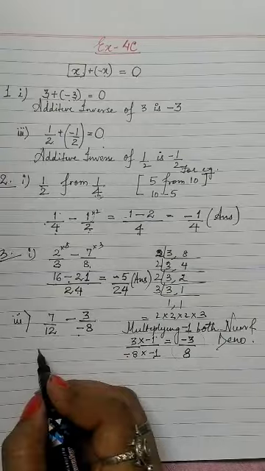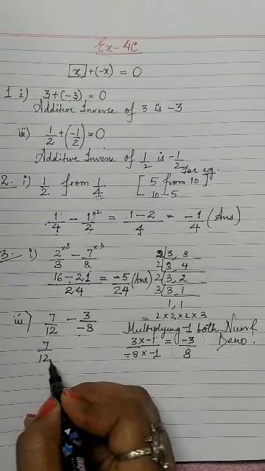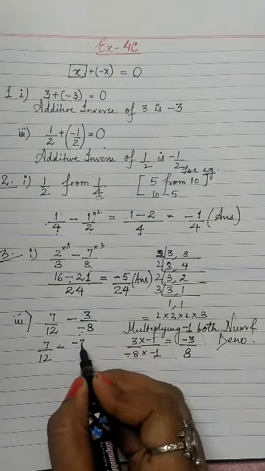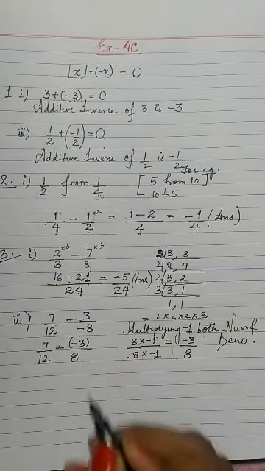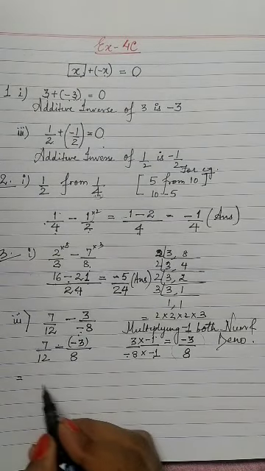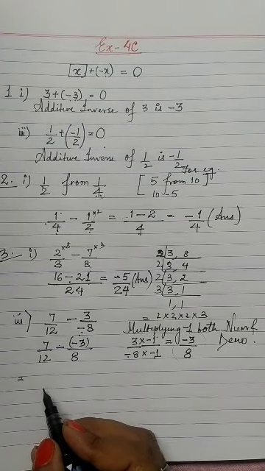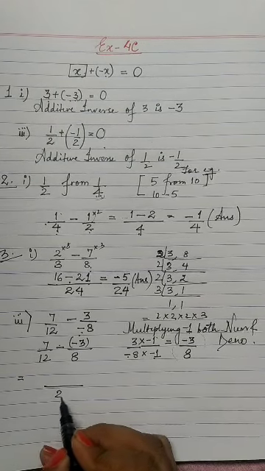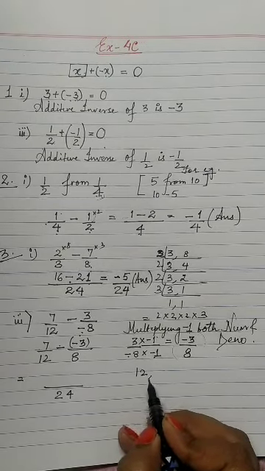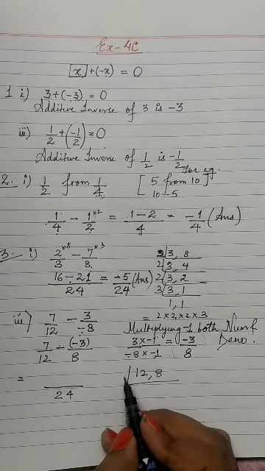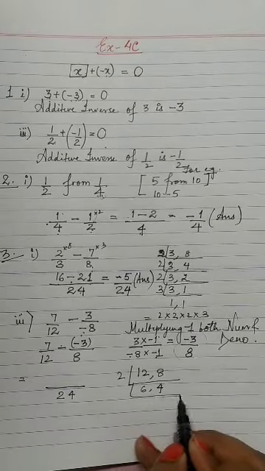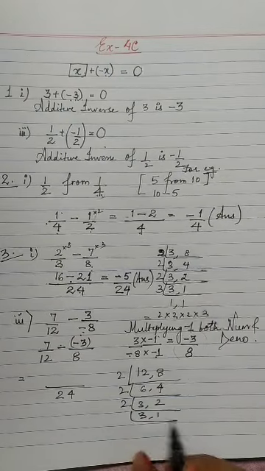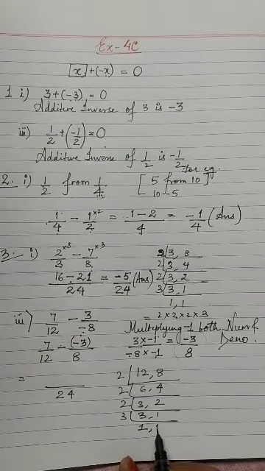So now we are going to write it as 7 upon 12 minus, and this minus has gone to the numerator, minus 3 upon 8. Now it is easy for us to simplify. So the LCM of 8 and 12 is 24. I'll just show you here. 12 and 8, 2 into 6 is 12, 2 into 4 is 8, 2 into 3 is 6, 2 into 2 is 4, again 2, now 3, 1 and 1.